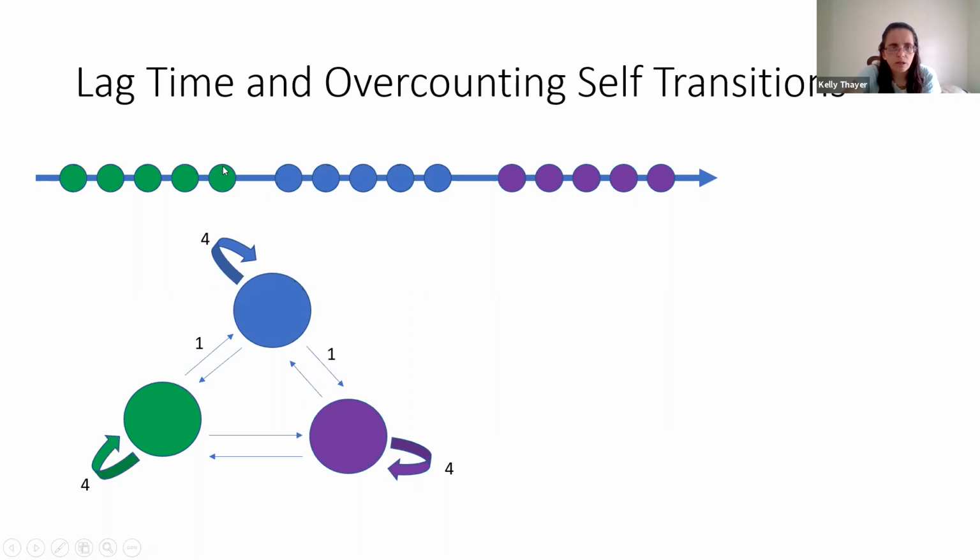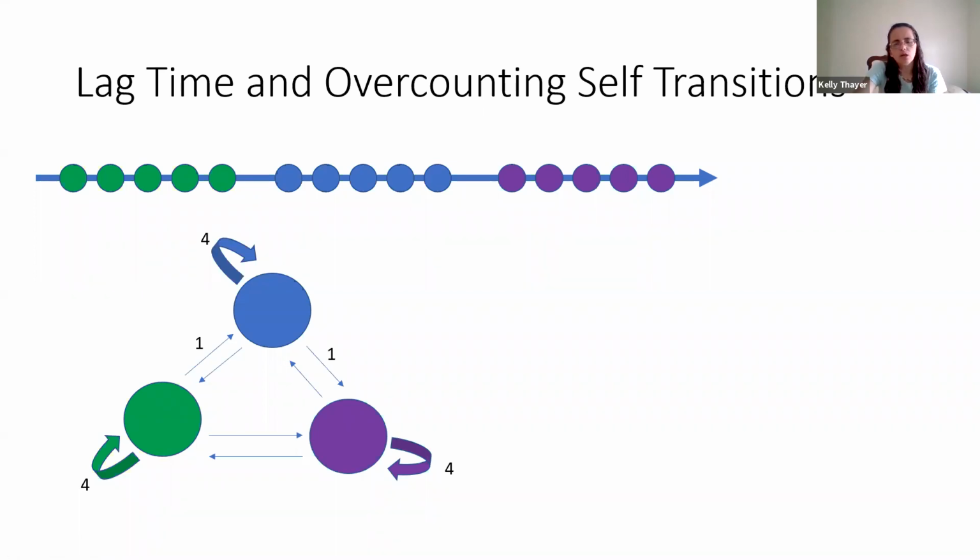Right here, this one is a green to blue transition. This populates this arrow with a 1, going from the green state to the blue state. Now we have blue to blue to blue to blue to blue, which is 4 transitions of blue to itself. Then we have 1 transition from blue to purple, and then 4 transitions in purple. That gives us the Markov state model that we see down here.